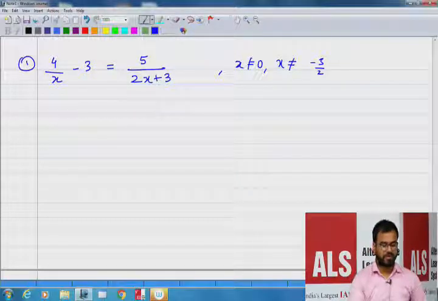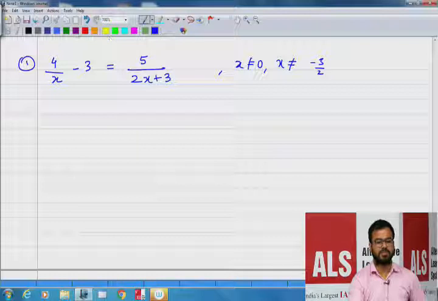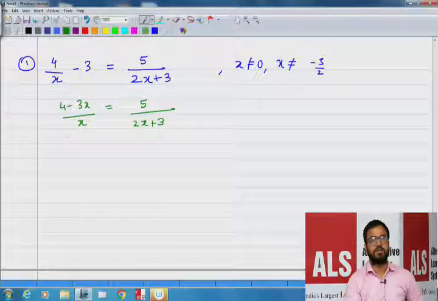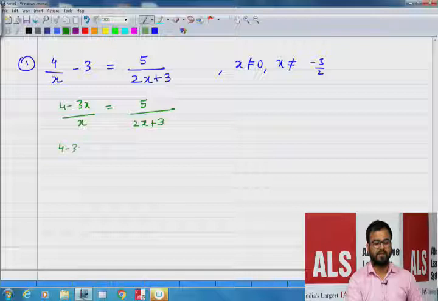See, to solve this one, what you can do is take the LCM on the left hand side. So it will be 4 minus 3x over x is equal to 5 over 2x plus 3. After that, you can do the cross multiplication. So 4 minus 3x multiplied by 2x plus 3 is equal to 5x.